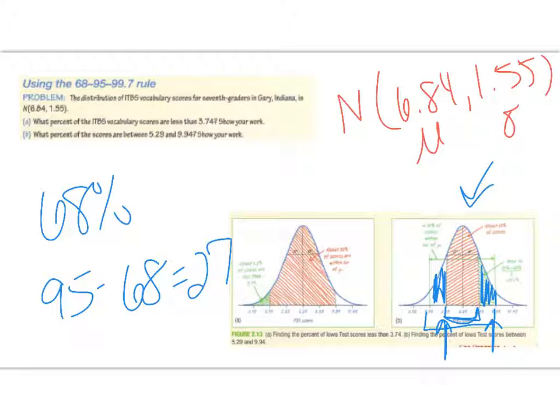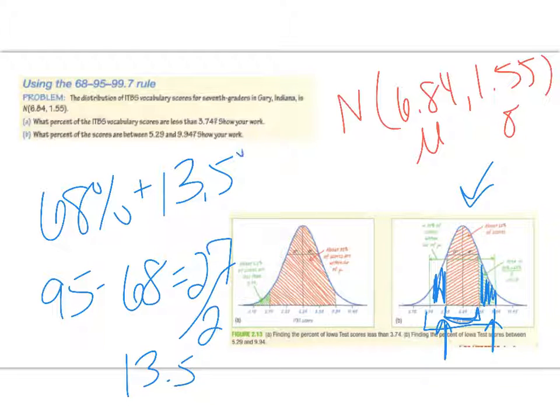I only went 1 standard deviation below, but I went 2 above. So I need to divide this by 2. And I get 13.5. So now I know I've got 68% plus 13.5%, which gives me 81.5% of the scores.